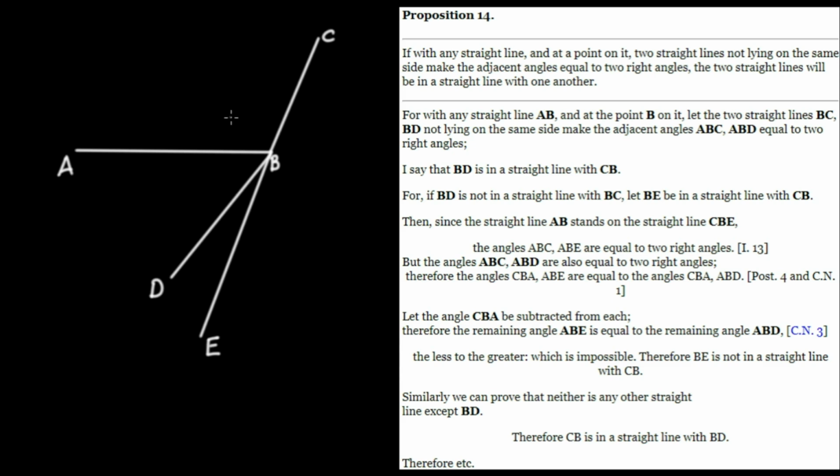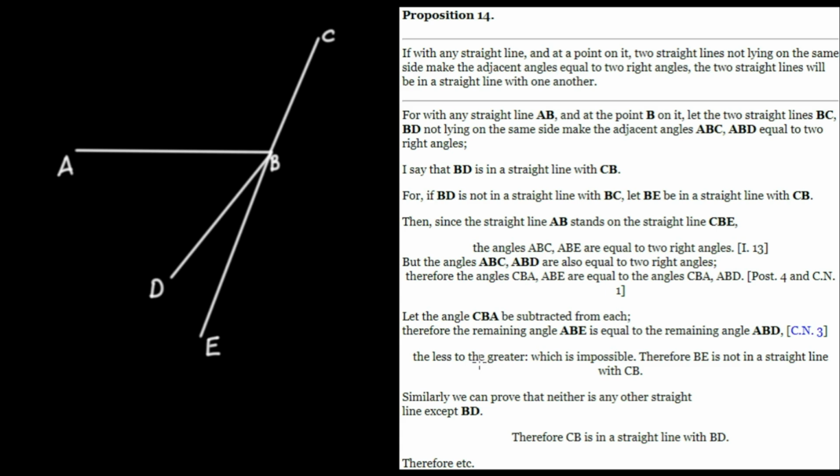And what follows from that, therefore, is that the angles CBA and ABE are equal to the angles CBA and ABD. Why does that follow? Things which are equal to the same are equal to each other. And the fourth postulate, which says that all right angles are equal to one another, is needed to make that inference using common notion 1.